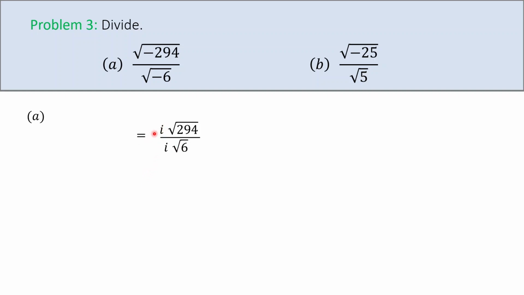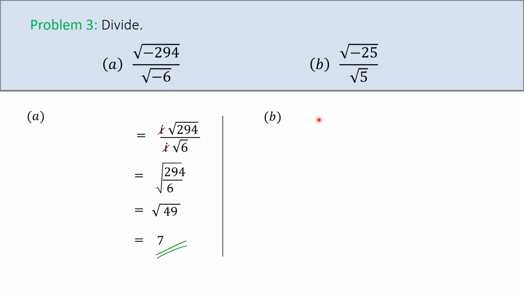Now you can cancel this I and this I. Now equal to, you are dividing two square roots. You put one square root and divide 294 divided by 6, equal to square root of 294 divided by 6 is 49, equal to square root of 49 is 7.